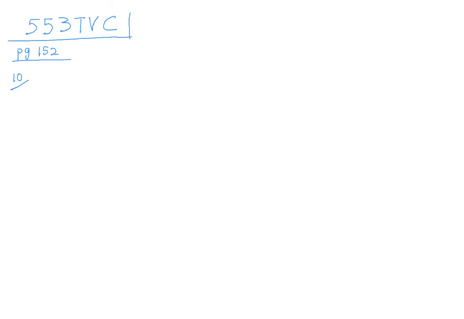So we have two persons. One is Tyson. Tyson velocity is called V1.